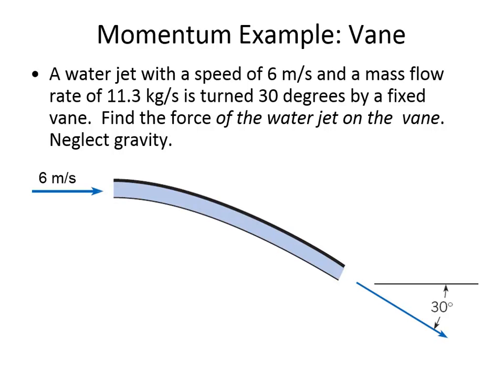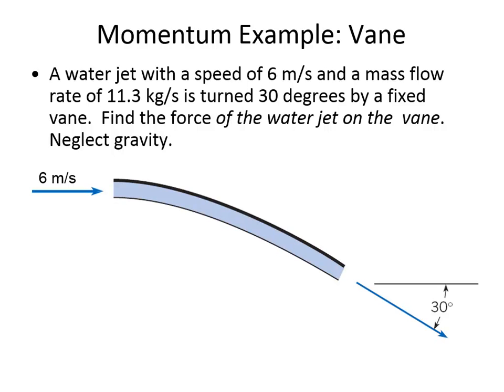It's asking, find the force of the water jet on the vane. So the question is asking, how hard is the water pushing on the vane? Where the equation that we ordinarily apply calculates how hard do you have to push on the system to hold it steady. All right? So let's keep that in mind as we do the calculations.